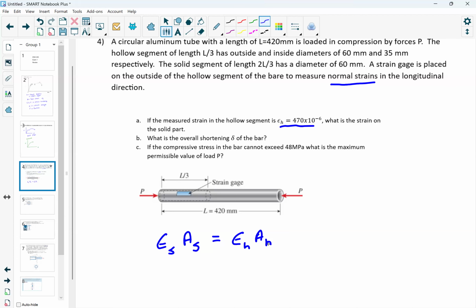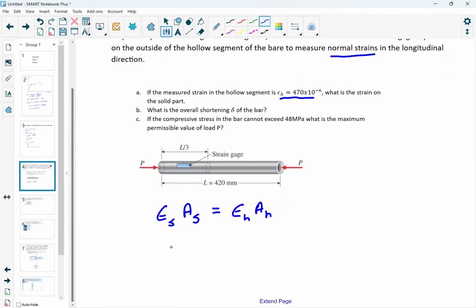Now, our A's are going to be a little different. So that means we're solving for our strain on the solid part. So we're going to end up with the area of the hollow over the area of the solid, times the strain of the hollow.